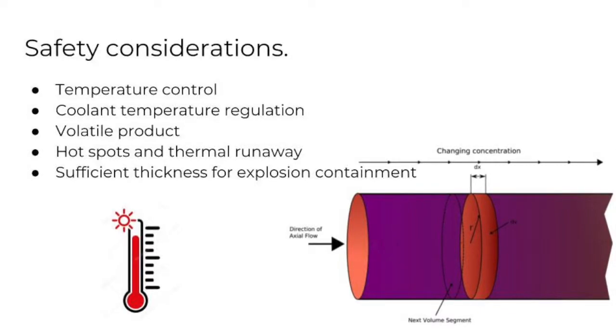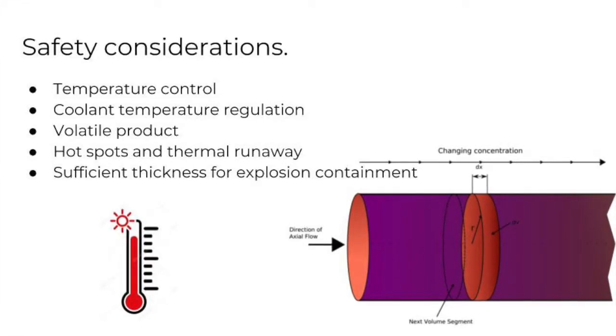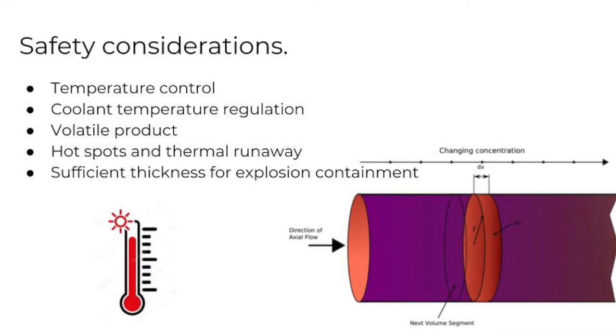In an exothermic reaction, the temperature will continue to rise as one moves along a plug flow reactor until all of the limiting reactant is exhausted. This means that the temperature will change as the limiting reactant does.